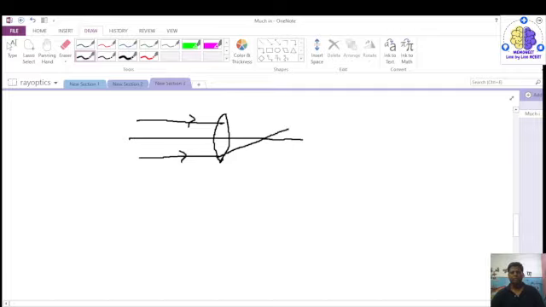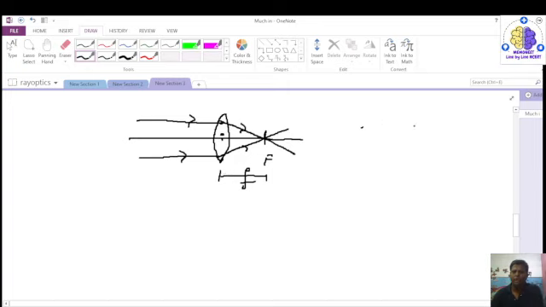After refraction they pass through a point, and this point is known as your focus. And this is your optical center. So the distance between the optical center and the focus is known as the focal length.